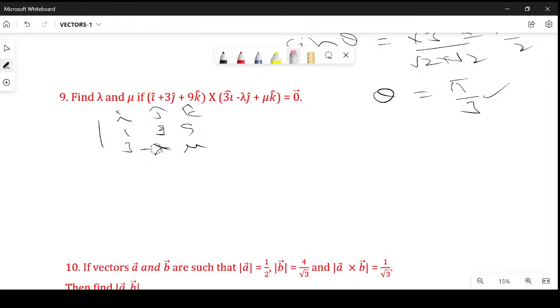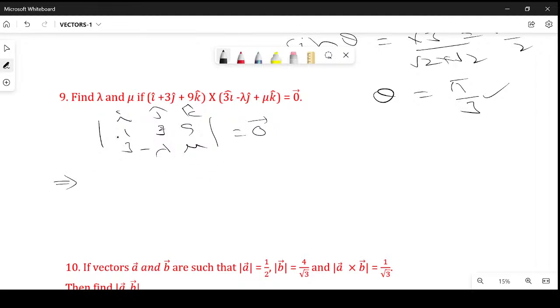You can observe here, 1, 3, 9 and this is 3, minus lambda and mu, which is equal to 0 bar. Correct? They have given this is 0 bar. This is a vector, so the left hand side is also a vector.